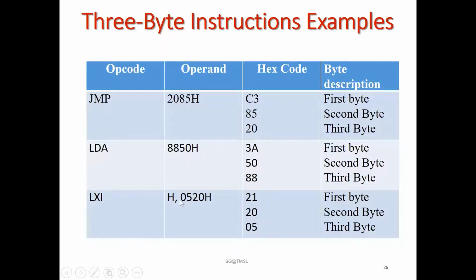In the next instruction, LXI H, 0520, the opcode or machine code for LXI H is 21. After that, you have 16-bit of code, which should be entered in reverse order: 20 will be processed first, then the upper 8-bit 05. So to load this entire instruction, you need 3 consecutive memory locations.